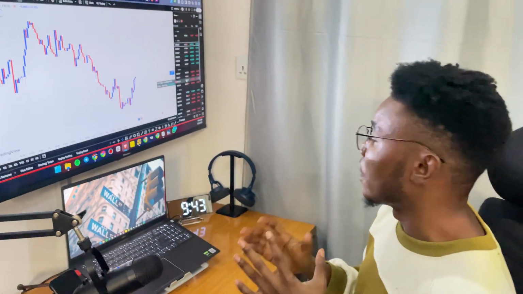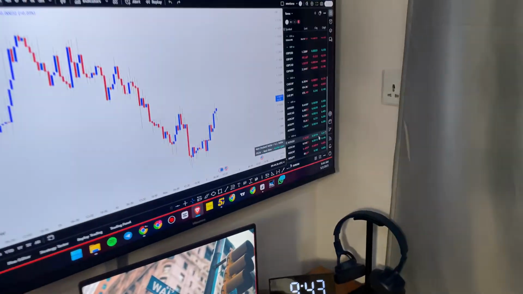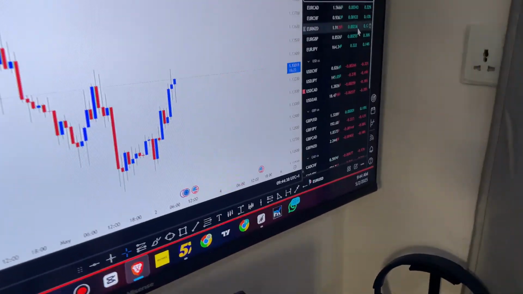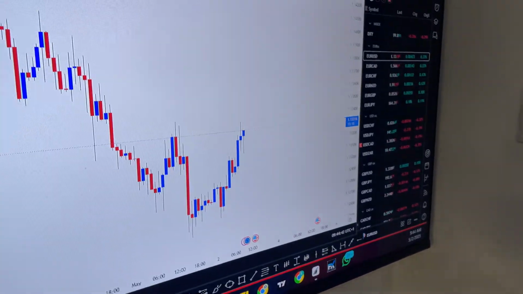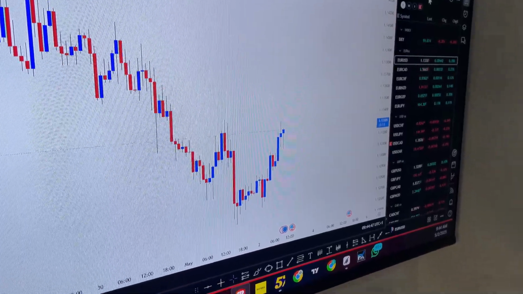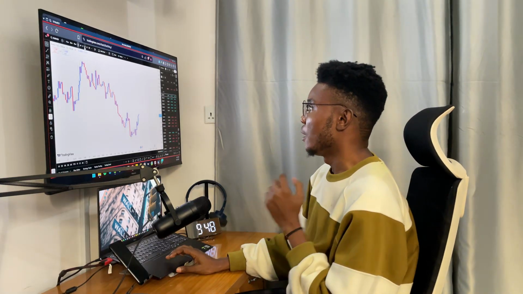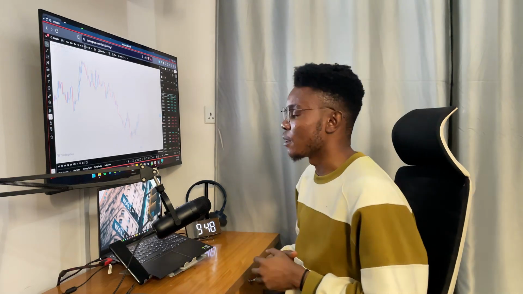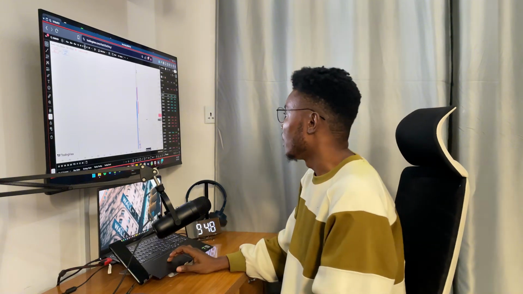I'll take out time to do my analysis from Euro USD all the way down to NZD JPY, which I'm going to do real quick now, and after that I'll look at what's happening on Forex Factory. Running through my watch list, firstly I'll look at Euro USD, largely because it's the major key instrument that will move during this NFP.